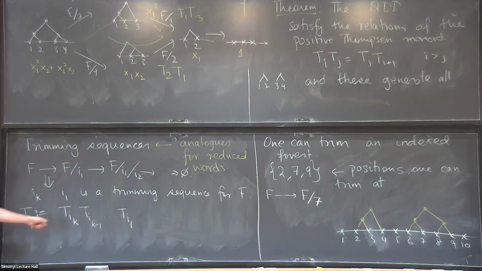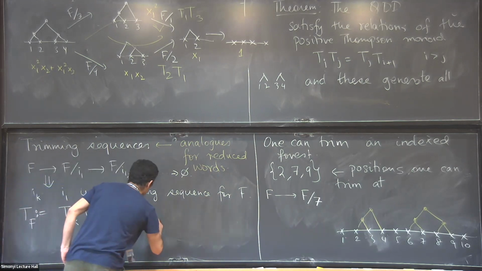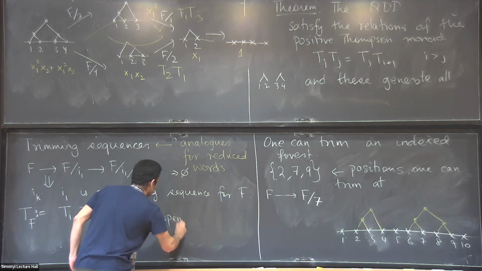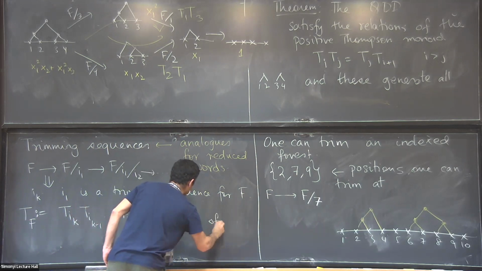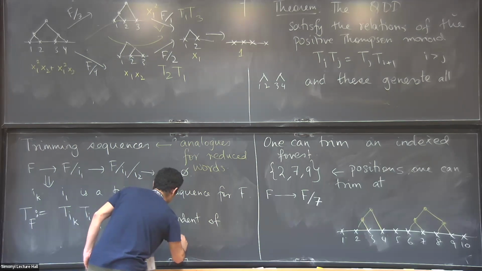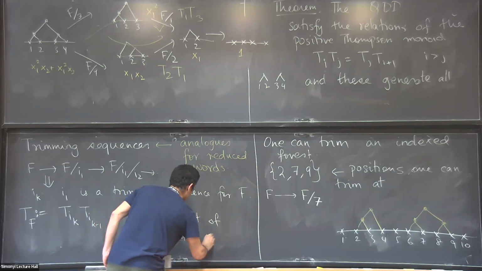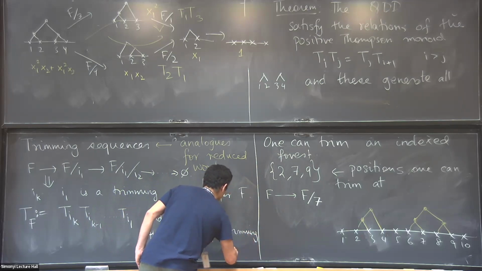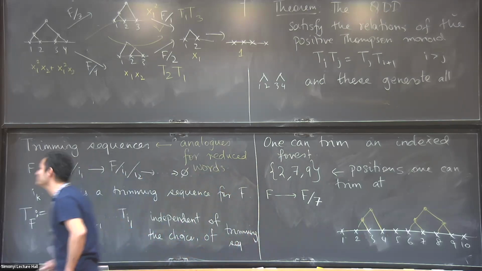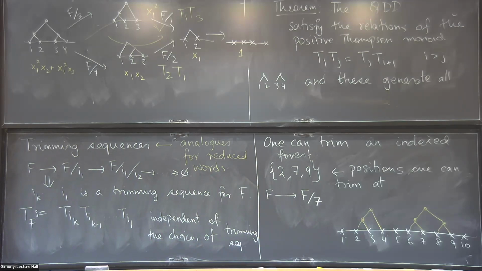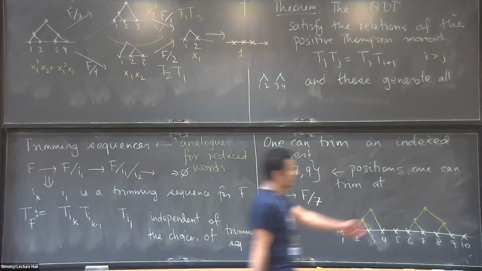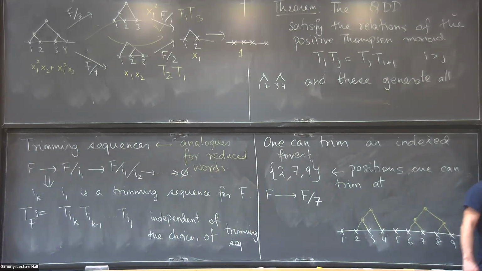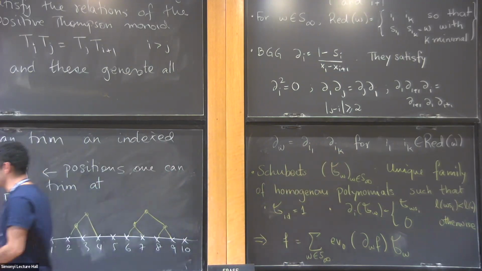This operator is independent of the choice of the trimming sequence. So this is the analog for del sub W, independent of the choice of reduced word. Okay, so you see where this is going.